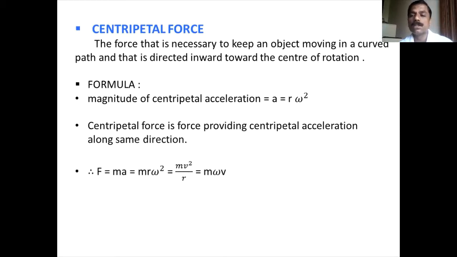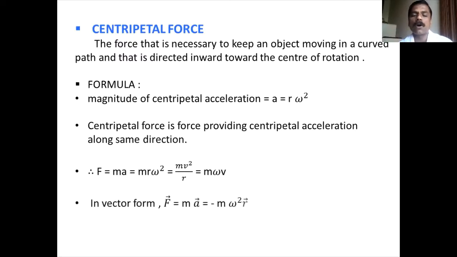So we know Newton's second law, force is equal to mass into acceleration. So we can put this value in this simple formula. So force will become F is equal to ma, that is m r omega square or m v square upon r or m omega into v. You can put all these values by taking the relation v is equal to r omega.